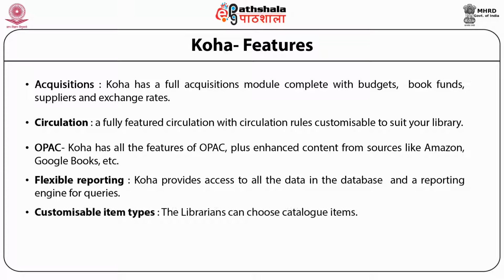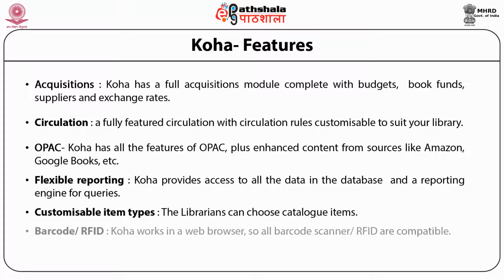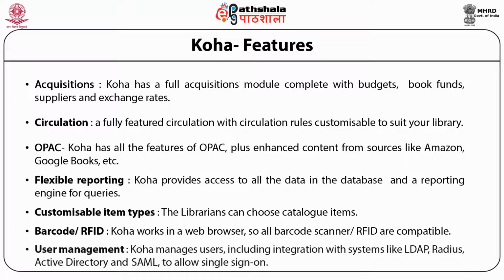It has customizable item types and is compatible with barcode scanner and RFID technology. Koha manages users, including integration with systems like LDAP, Radius, Active Directory, and SAML to allow single sign-on.